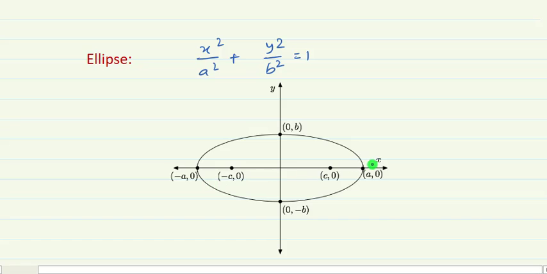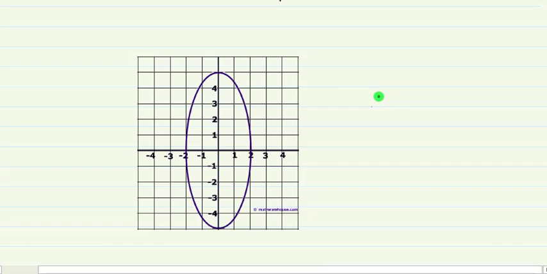These are the extreme points of the ellipse on the major axis, and on the minor axis we have (0, b) and (0, minus b) for this ellipse when a is greater than b. So this is the case when a is greater than b, then x is the major axis and y is the minor axis, and these are the coordinates of extreme points on the ellipse on major axis and minor axis.